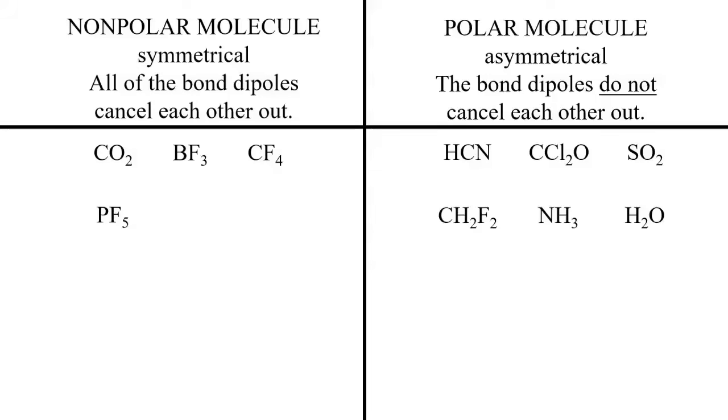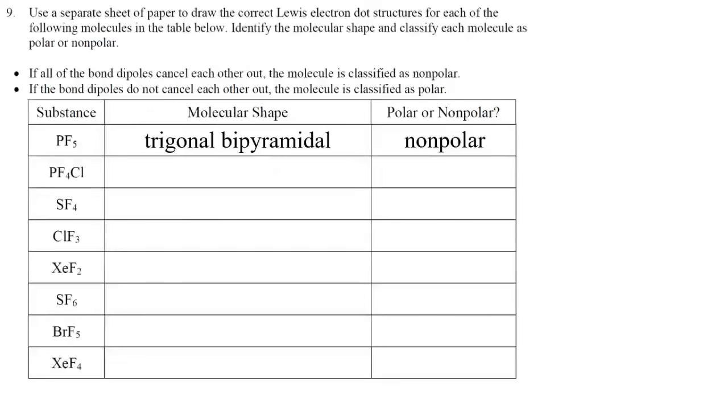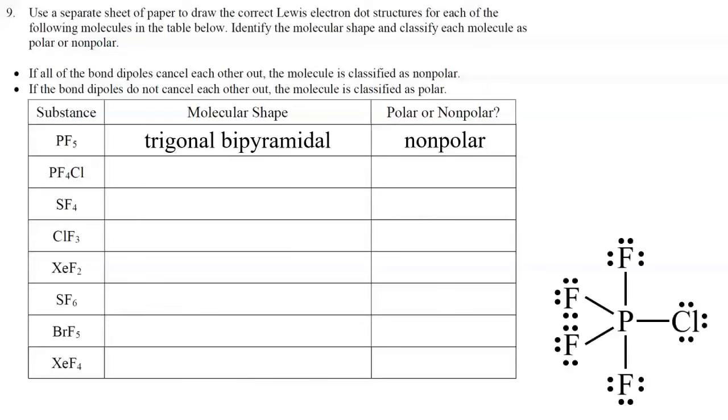Now watch what happens when we have the exact same molecular shape, but we lose the symmetry. What I did in the next example is I just replaced one of the fluorine atoms in this molecule with a chlorine atom. So the molecular shape is still trigonal bipyramidal.